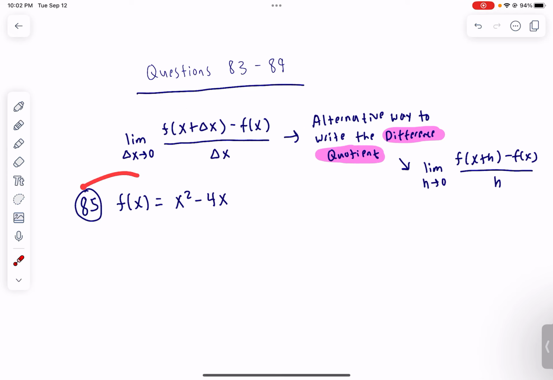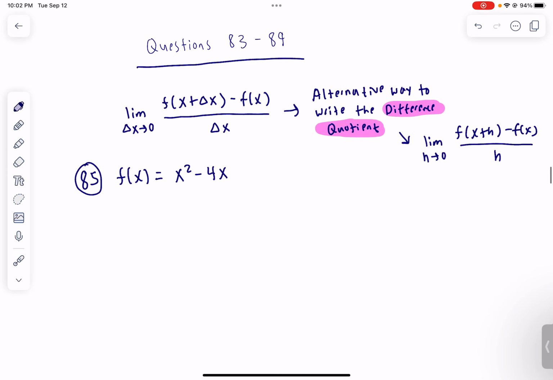So for question 85, we're definitely going to have to find f of x plus delta x. And please remember, when they want you to find f of x plus delta x, wherever you see an x, you're going to plug in x plus delta x. So same idea with x plus h.